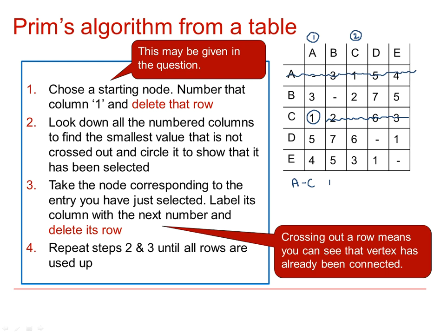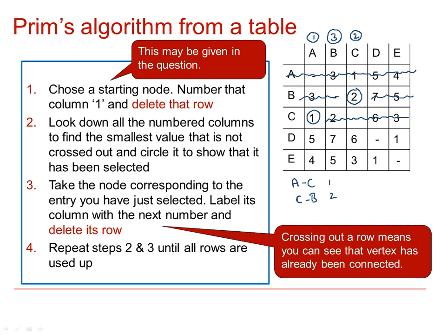And you can see that this time it's the 2, which is in B, so that we then label column B as number 3, delete the rest of its row, and write down that the next arc to be added to our network was from C to B, and it was length 2.